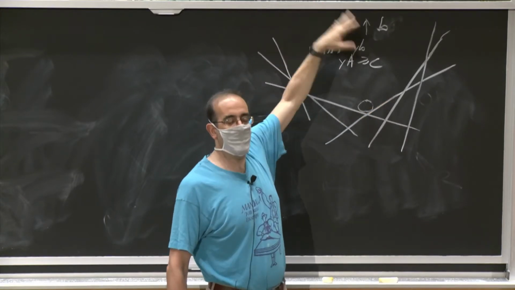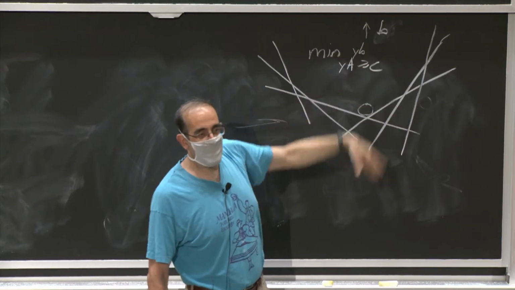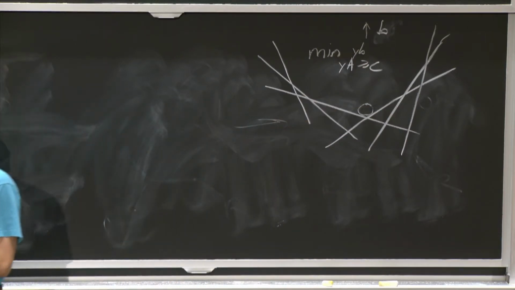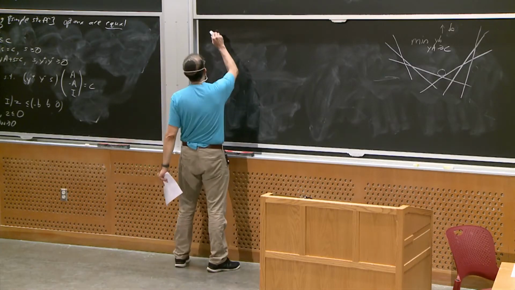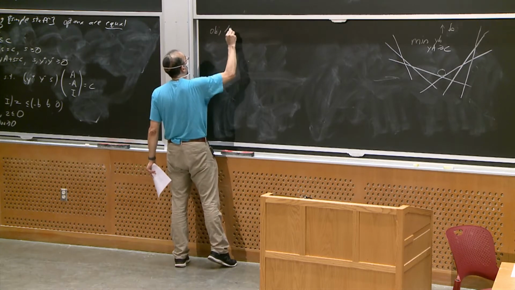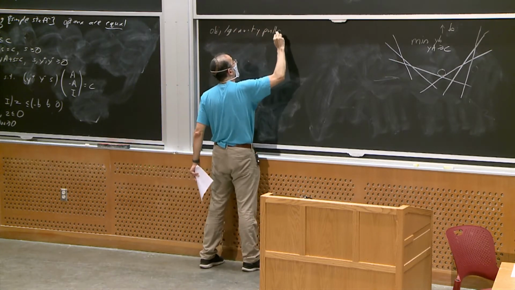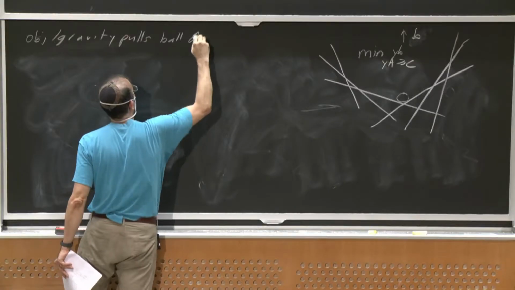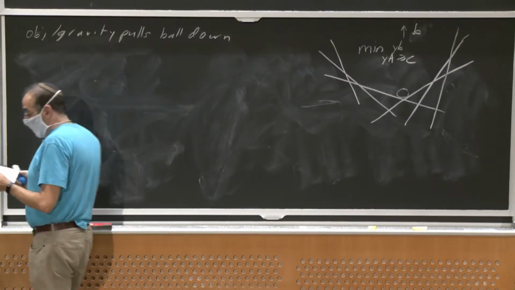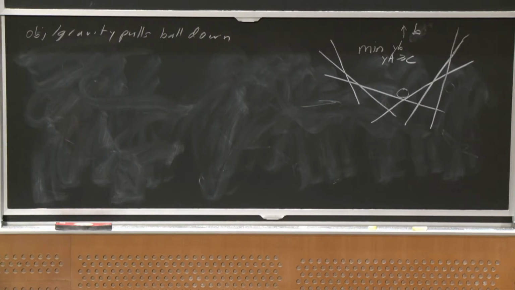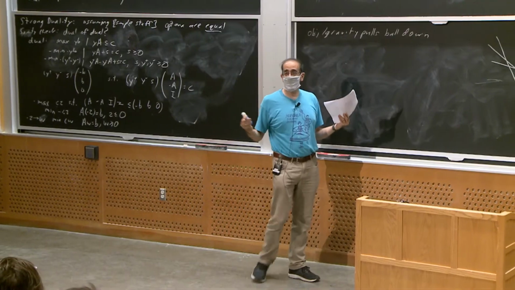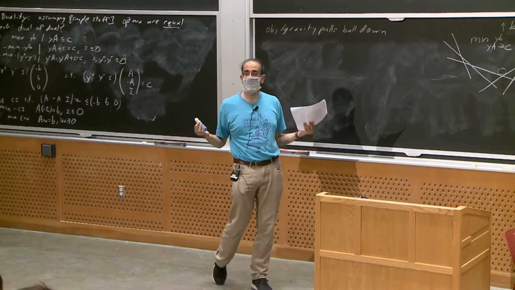So gravity represents the objective function. It is pulling the ball down, right? And the minimization objective is saying we want the ball to be as low as possible, right?